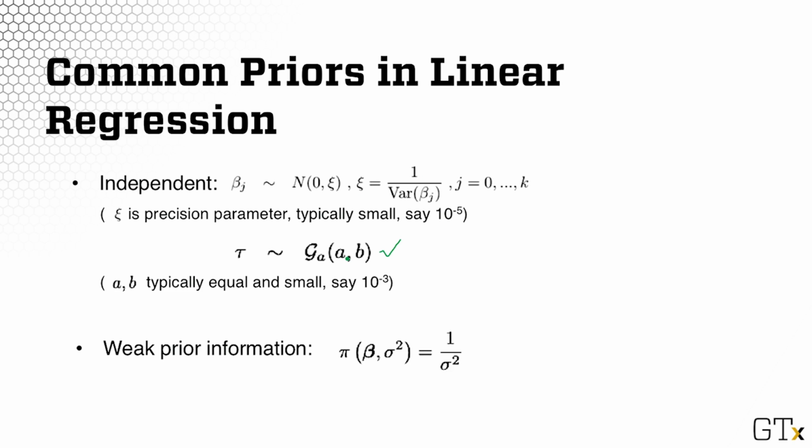If there is weak prior information, there is a non-informative prior, which is essentially putting a prior of 1 over sigma squared. This is Jeffreys prior, a non-informative prior on the variance, and a flat prior on betas. That leads to essentially no information about parameters and to posterior inference which is very similar to the classical inference.